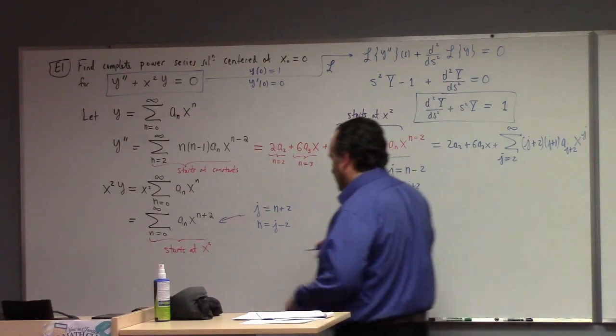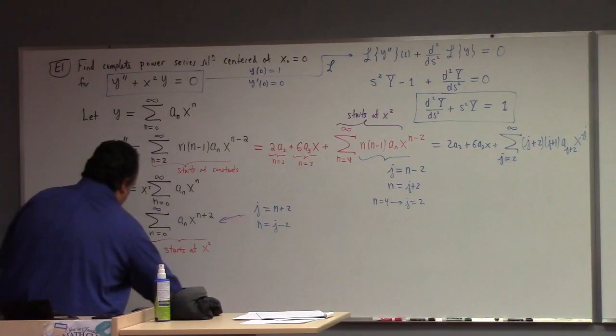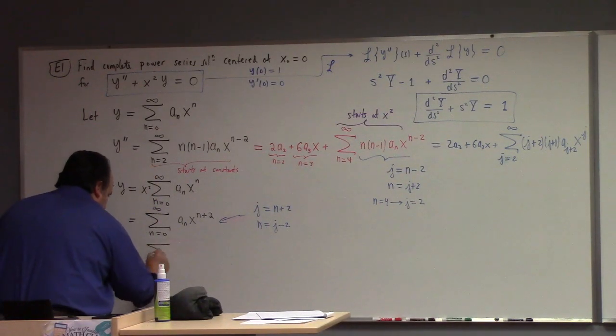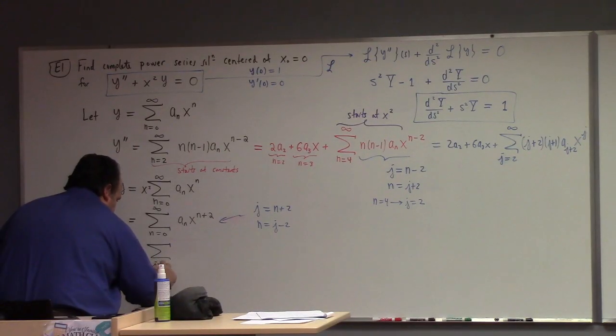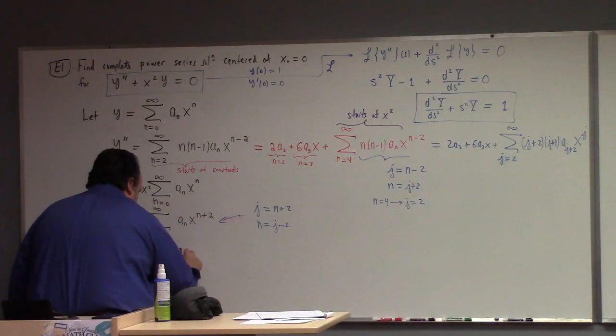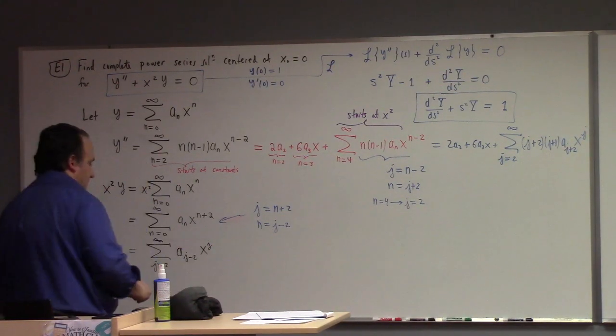All right, I got that. This one down here, I've got the sum j equals 2 to infinity of a sub j minus 2 times x to the j. That was a little less exciting.